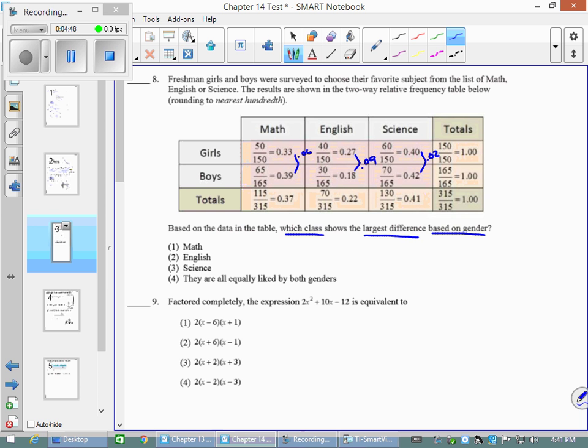What I did was I took the values in our chart, 0.33, and I took away the 0.39, so I found the differences. So in math, there's a difference of 0.06, about 6%. English, there's a difference of 9%. Science, there's a difference of 2%. So English has the largest difference, 9%. Choice 2 would be your answer.